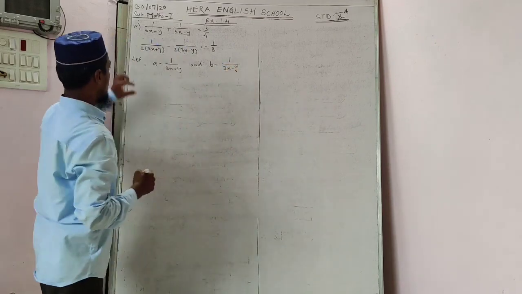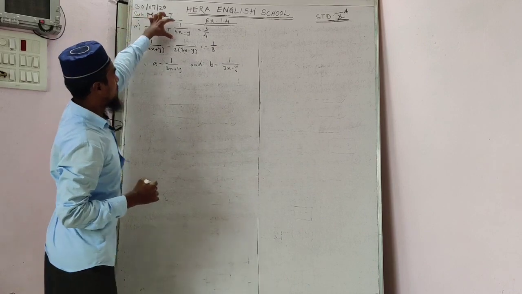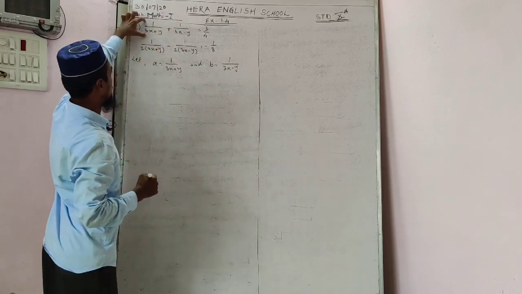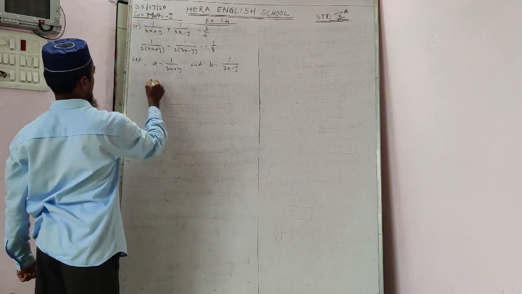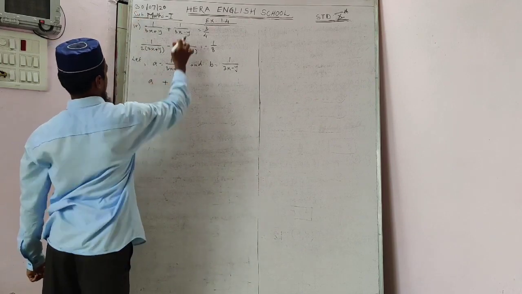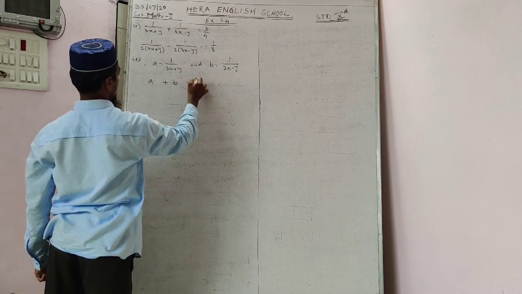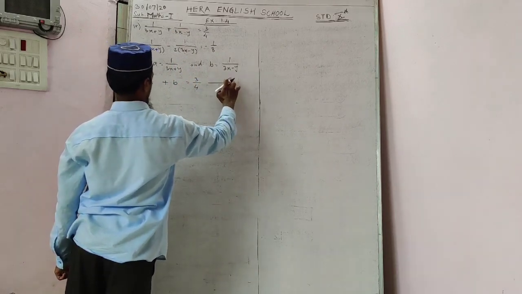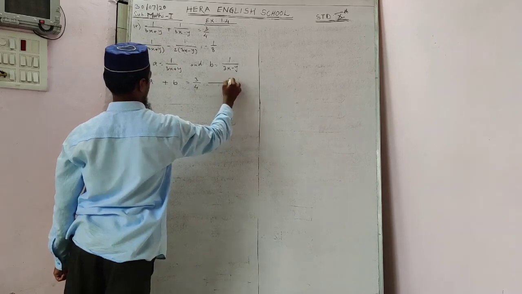Here we will keep directly a and here we will keep directly b. So in the first equation we get a plus b equal to 3 upon 4. This is our first equation.